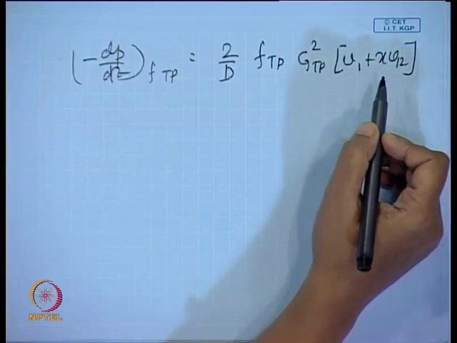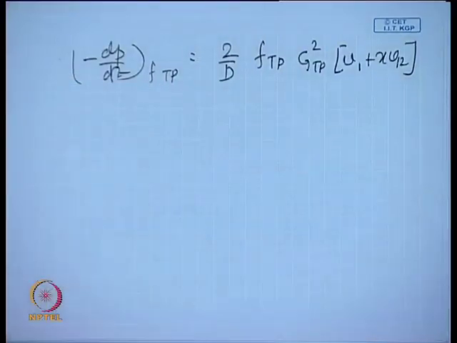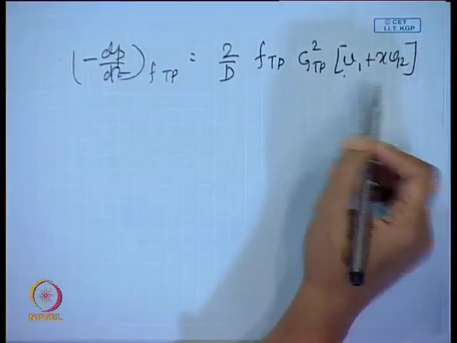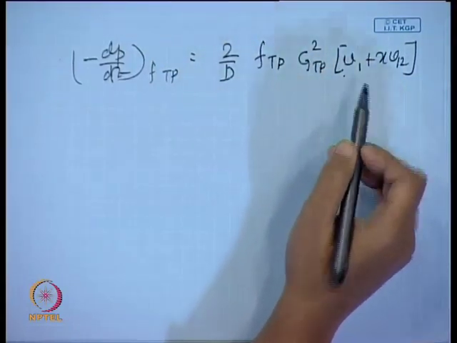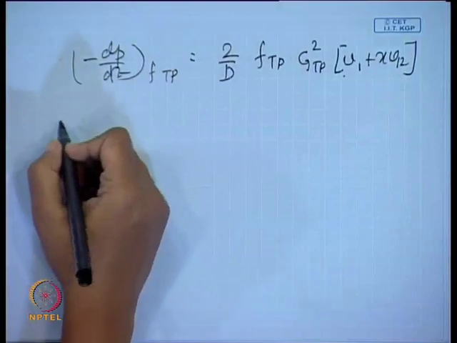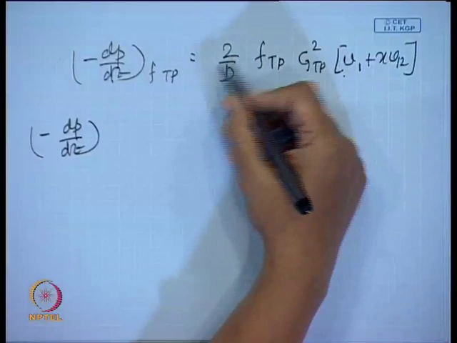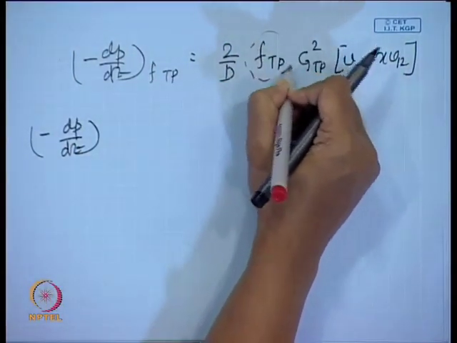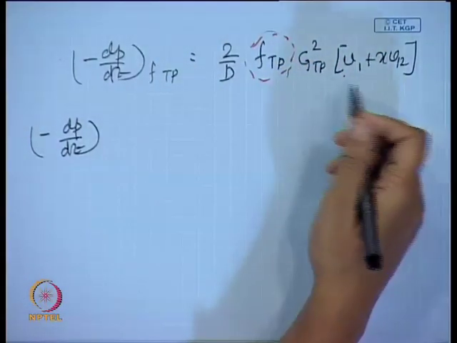Because if we have to find out the properties using your Mollier charts, steam tables, etc., then from there it is very easy to get v1, v12 and so on and so forth. So, this can be written down in this particular form, agreed. Then we find that here everything we know except this f TP term, this is the only unknown; other than that all the terms we already know, is not it?